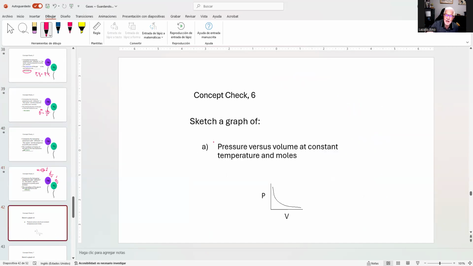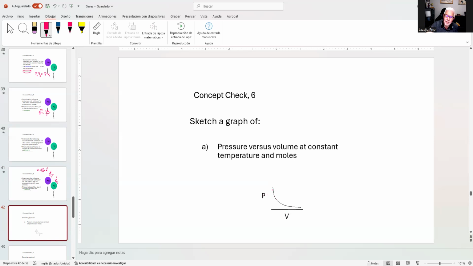Well, here you have the expression, the graph of the change of the pressure and the volume. As you can see, they are inversely proportional.